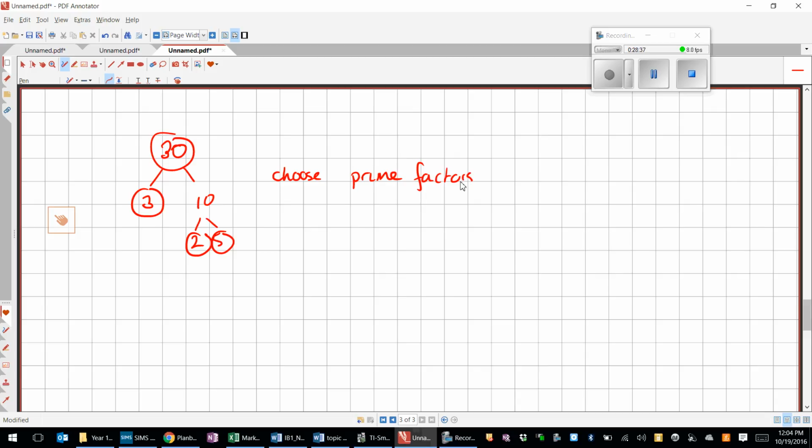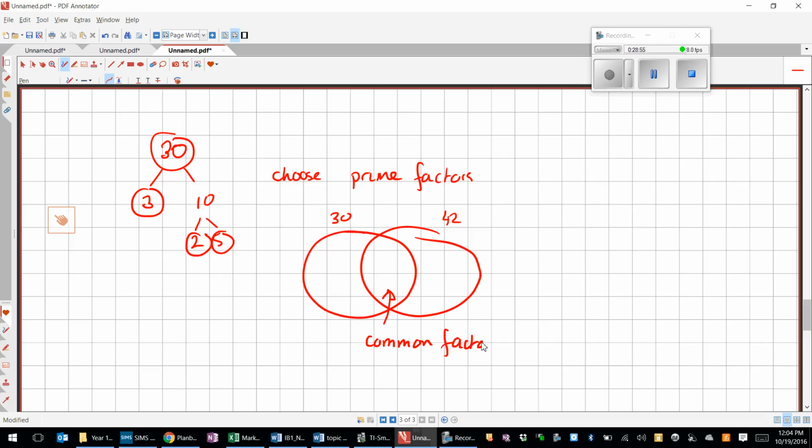Then, most of you put Venn diagram, because that's what I call it. Okay, 30 and 42, yeah. But what we have to do is explain that common factors have to go in the middle. If all you did was say fill in the Venn diagram, that's not quite communicating enough. So you have to say the common factors.